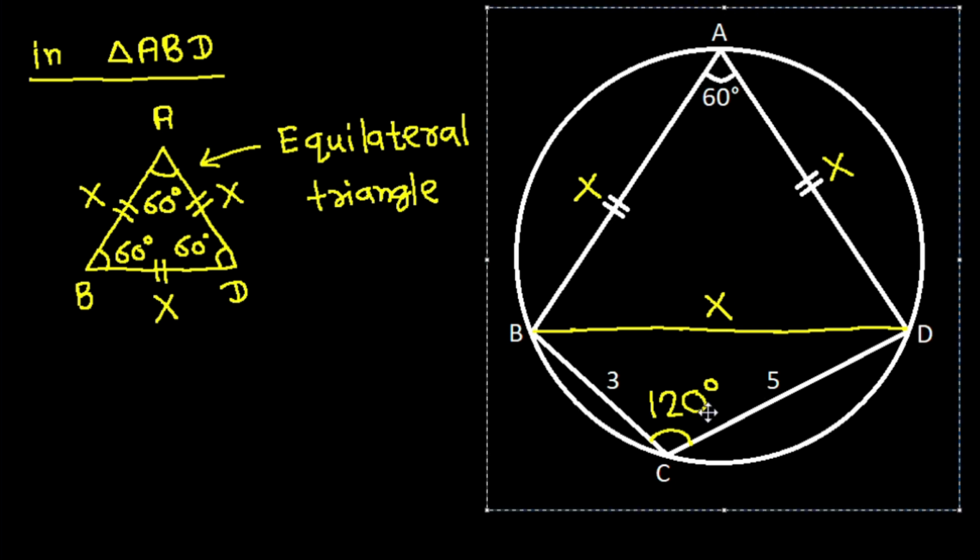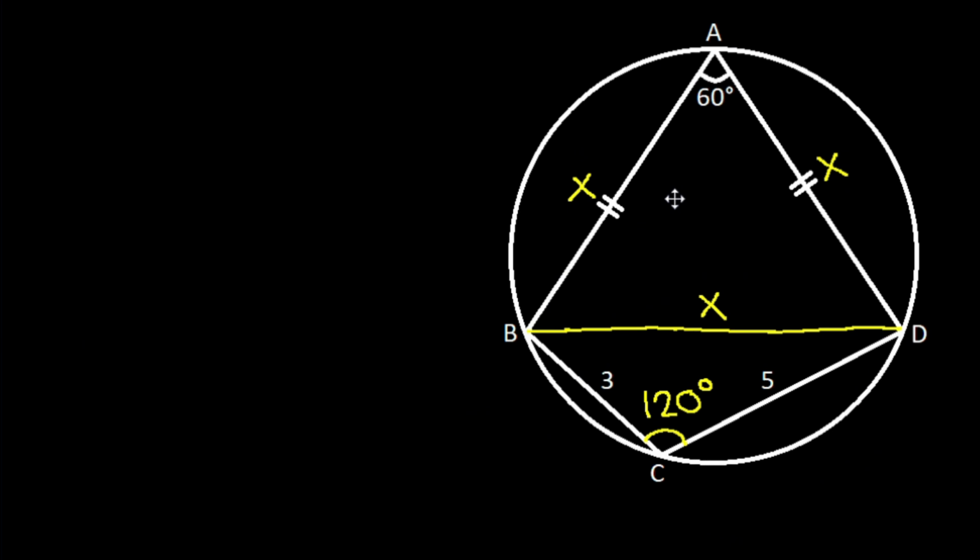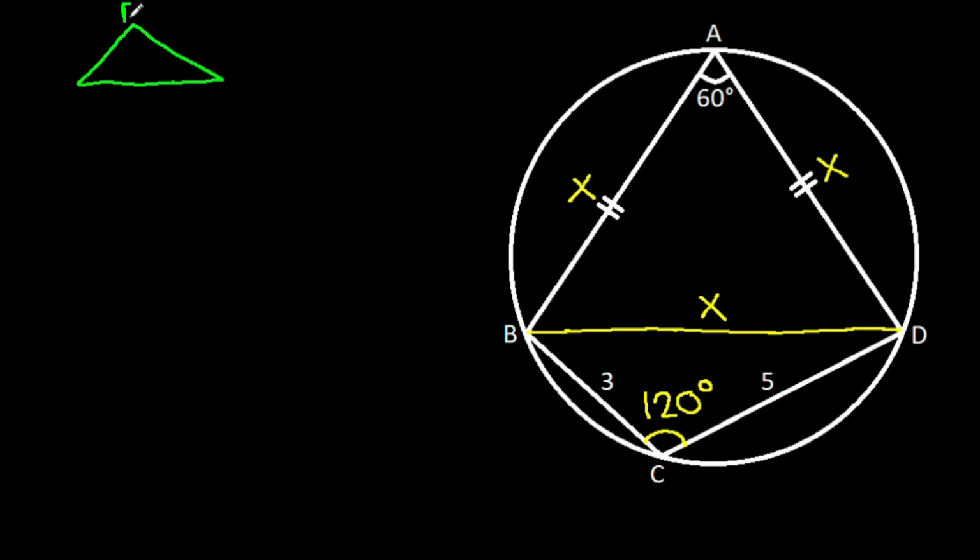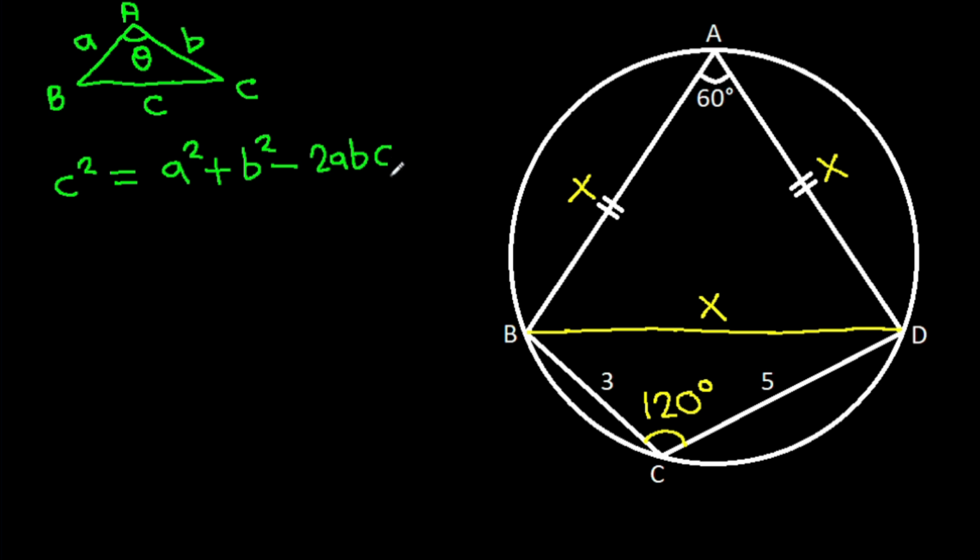Now in any triangle ABC, if AB is A, AC is B, BC is C and this angle is theta, then C square is A square plus B square minus 2AB cos theta.